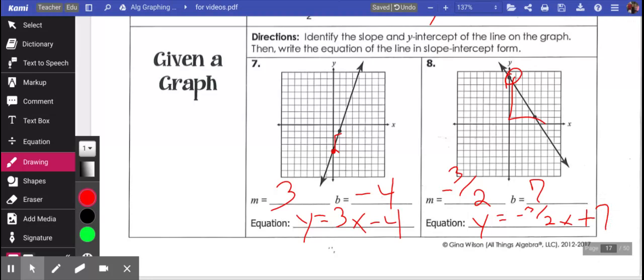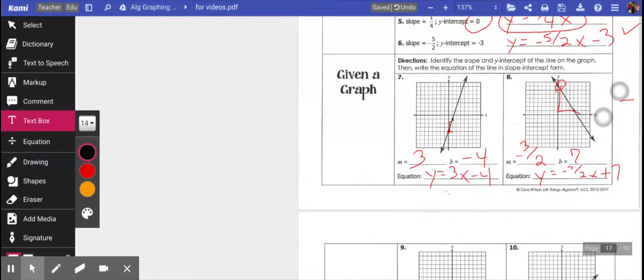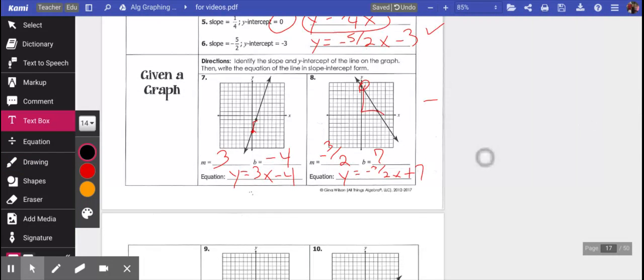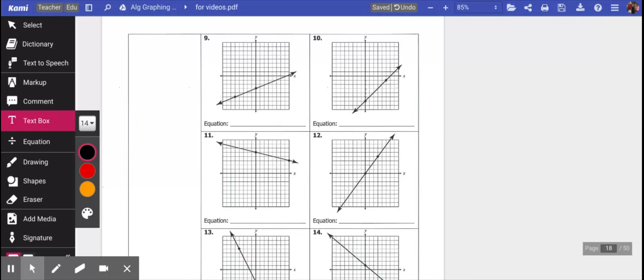So every time you find the slope, and then you find the y-intercept. On the back, there will be one that the y-intercept is 0 because it crosses the origin. So you go ahead and do the back, and I will write them in. So you pause it while you do them.